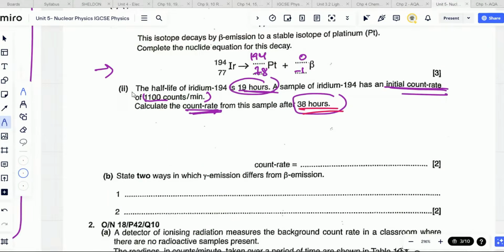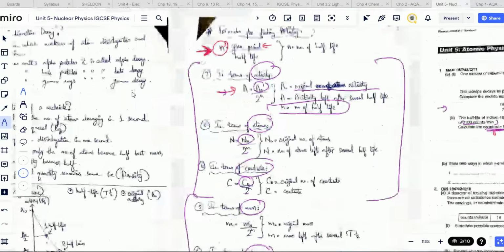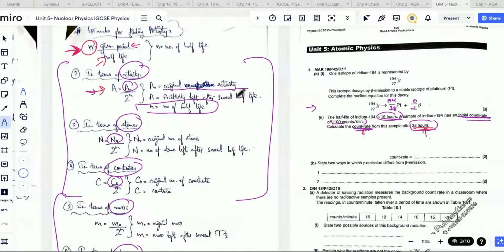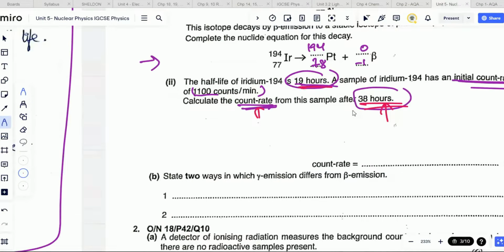They are saying calculate the count rate for this sample after 38 hours, so this is my given period. And what is the half-life? The half-life is 19 hours. Do you guys get this part? So what do I divide? 38 by 19. What does this give me?